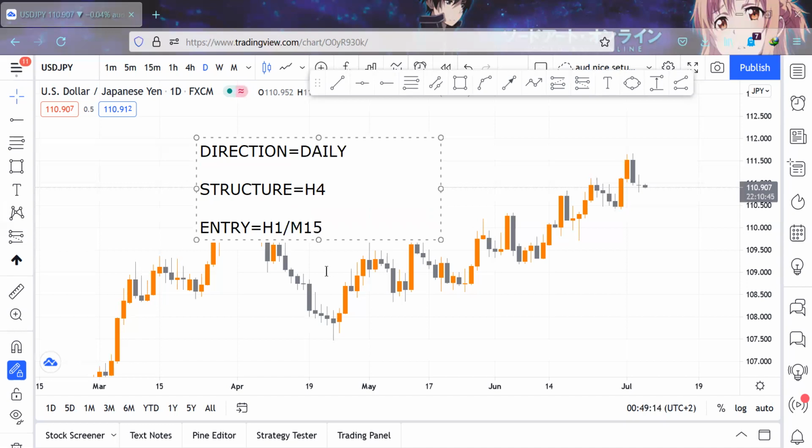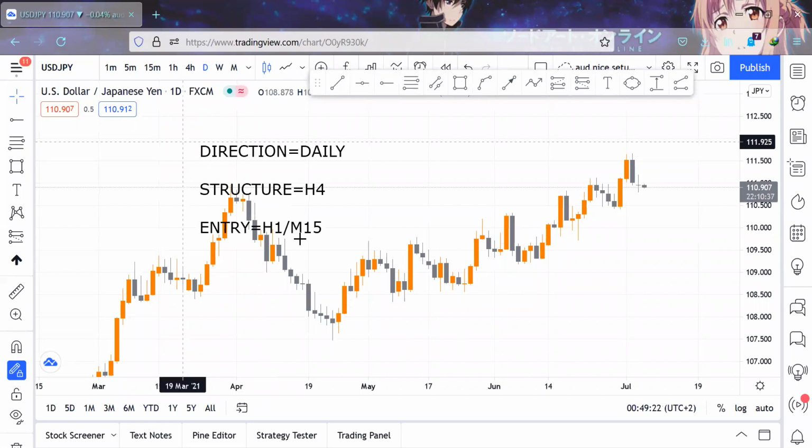You might have other means of identifying your entries and your structures. Just make sure that you have 3 timeframes which you can build your entry reasons on, right?